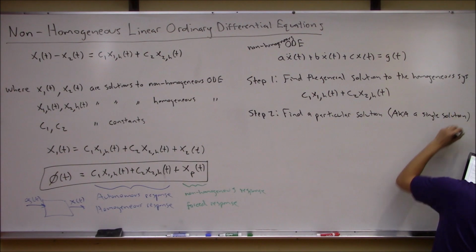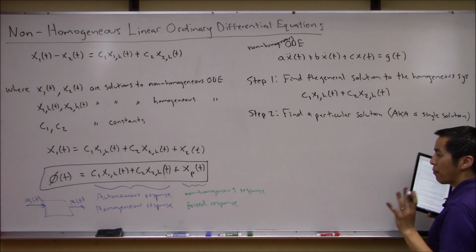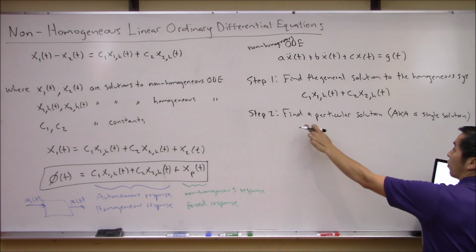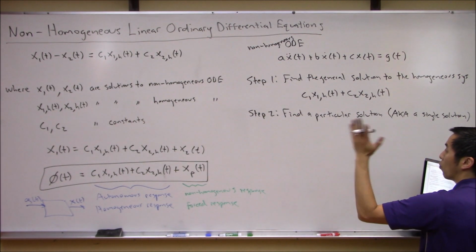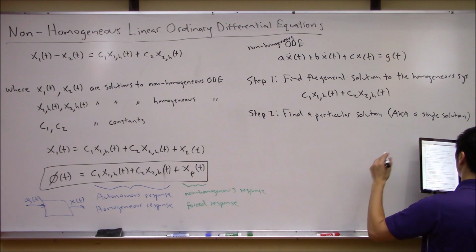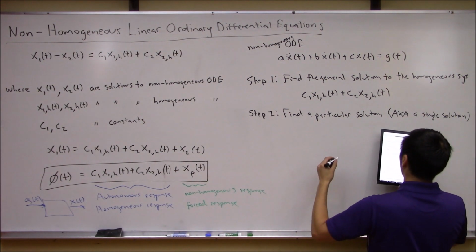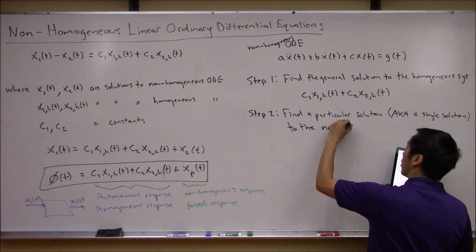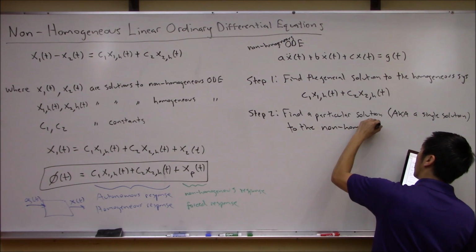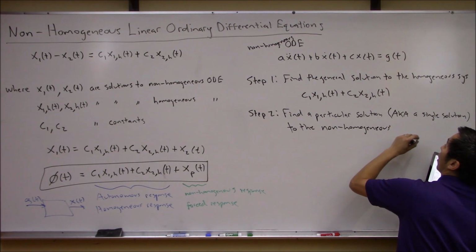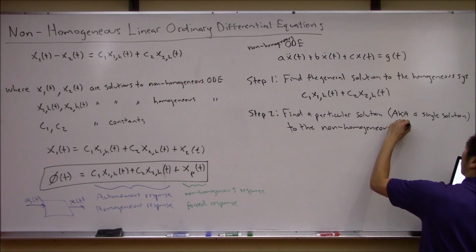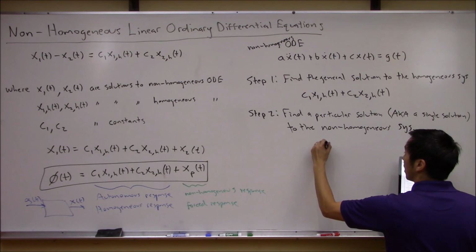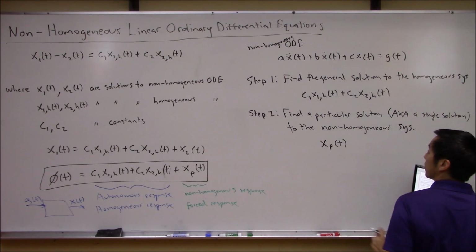You just have to find one solution which solves the non-homogeneous differential equation, right? So we need to find a particular, or one of them, or a single solution to the non-homogeneous system, or ODE. That is going to give us that xp of t, right?